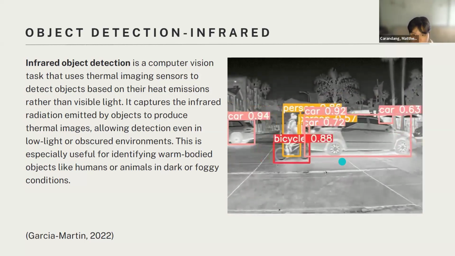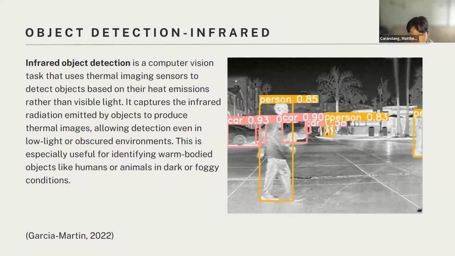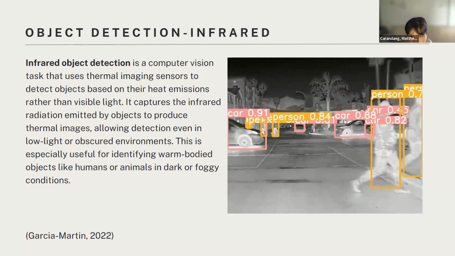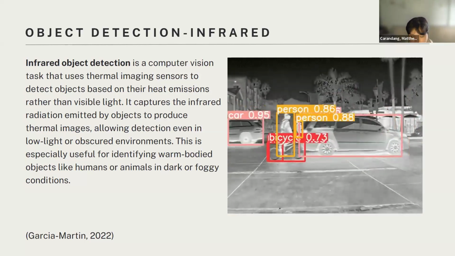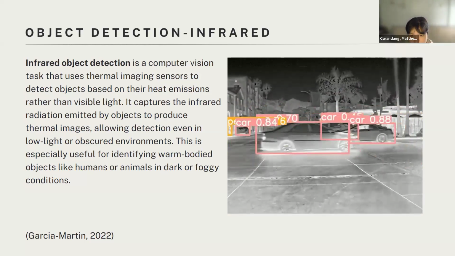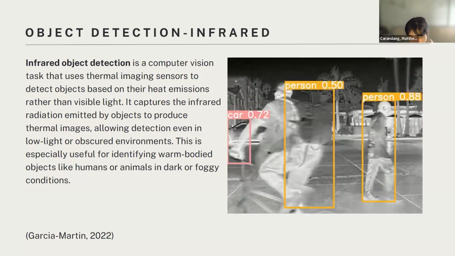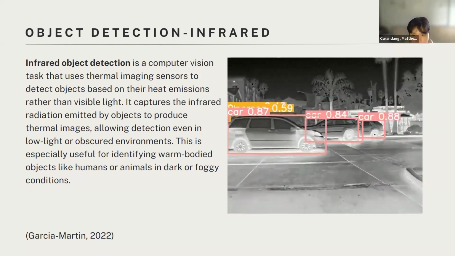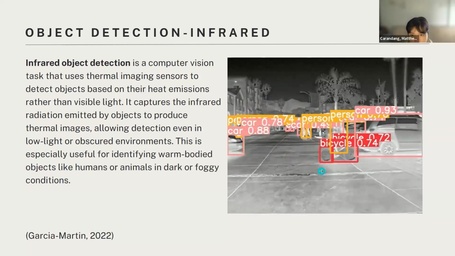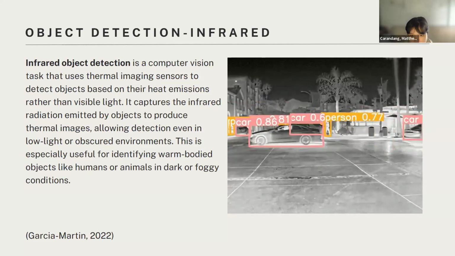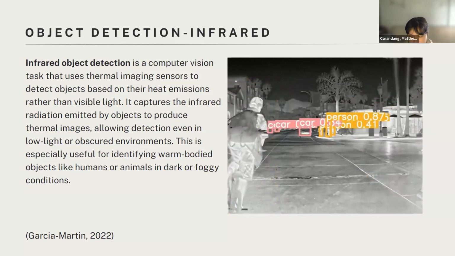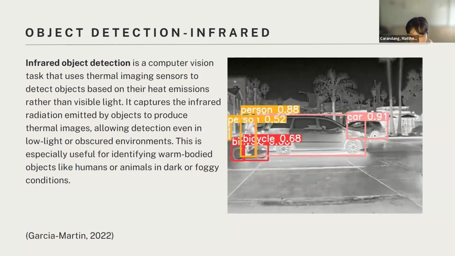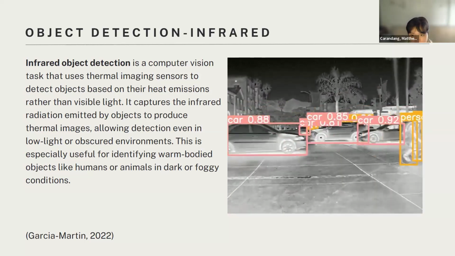The strengths of infrared are that it works well in low light conditions, since it captures infrared data rather than visible light. It can detect living beings since they emit more infrared radiation, even if they're camouflaged or obstructed, and it doesn't rely on reflected light.